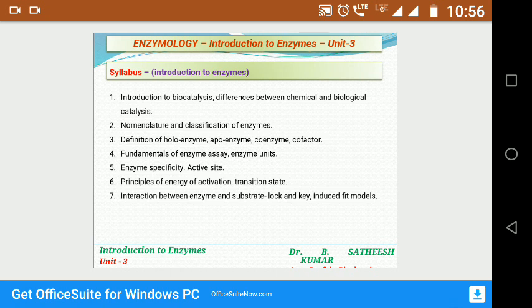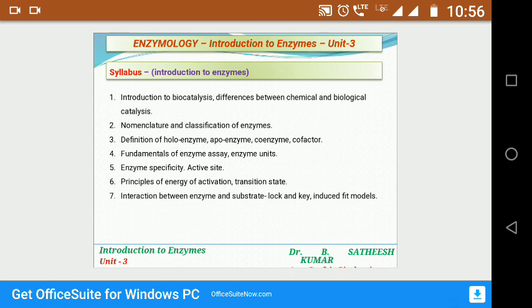This is the very basics of enzymes. That will answer why it is really important for us to study enzymes, what they are, and how they are important for biological systems and organisms like us.